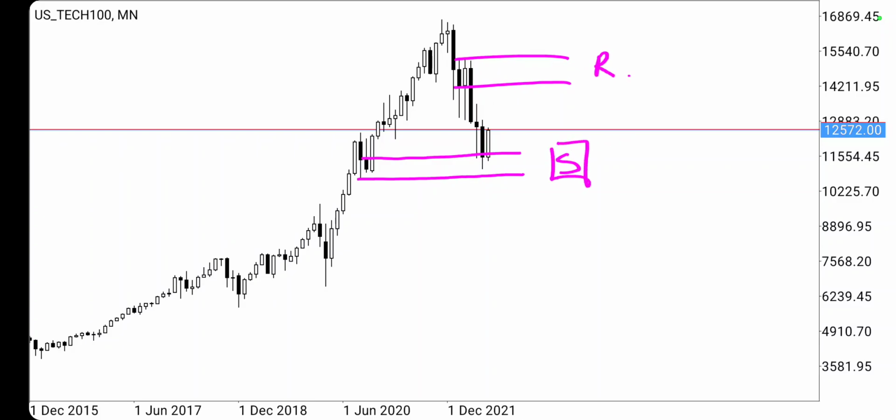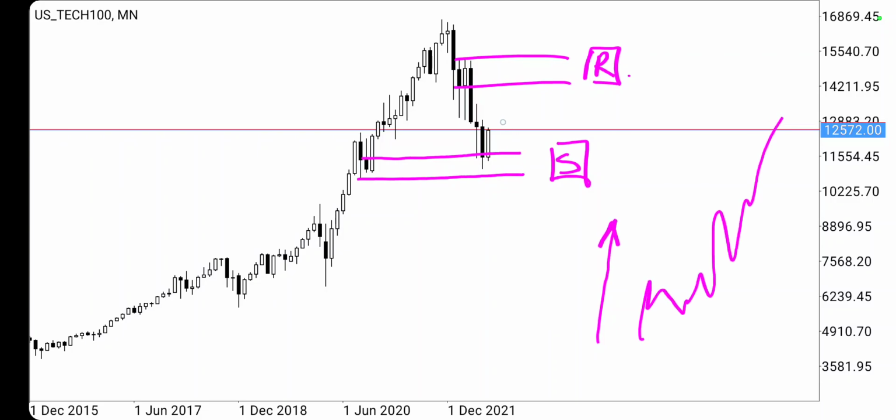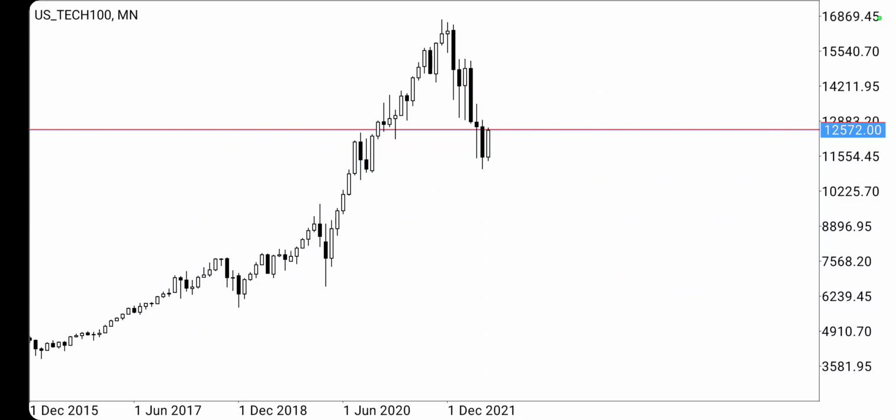So maybe the monthly is trying to move from this support to there, but we know that usually the price does not move in a straight line like that. We just play around, but maybe the ultimate goal is to reach here on the monthly, but that's going to take a couple of months to get there, if it really gets there.